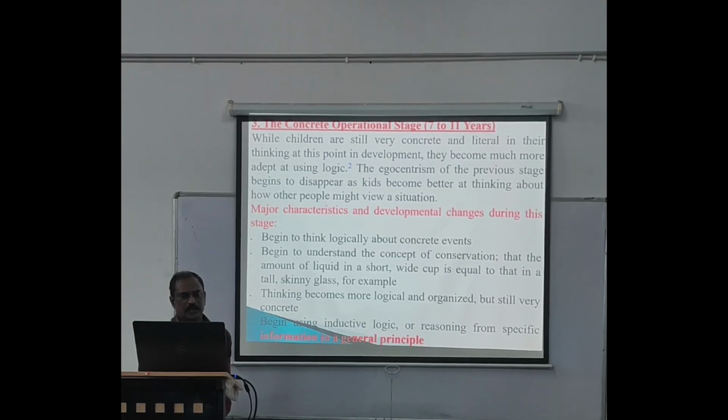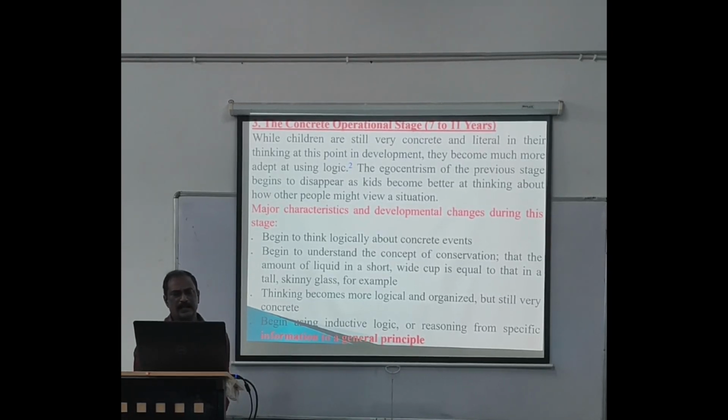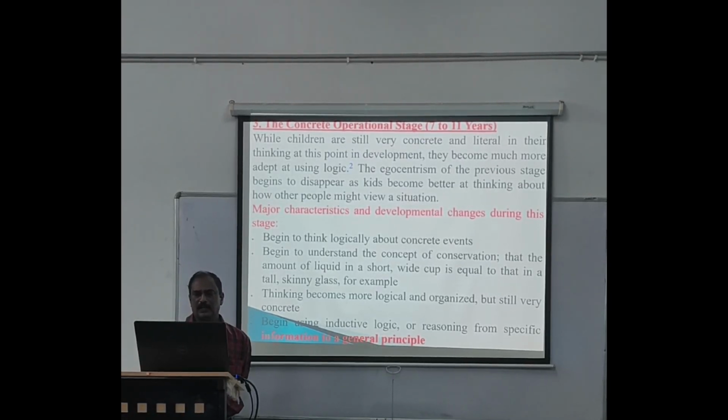The second characteristic is that they begin to understand the concept of conservation, that the amount of liquid in a short wide cup is equal to that in a tall shiny glass, for example. Thinking becomes more logical and organized in this stage, but still very concrete.